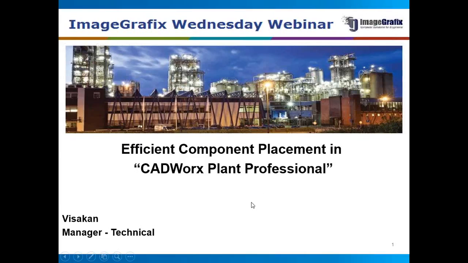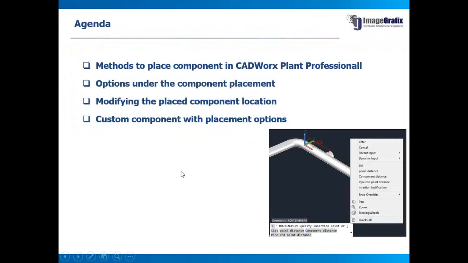The agenda for today is the various methods to place components in CADWorx Plant Professional, and also the options under component placement, the various methods or options to place the component in a pipe.